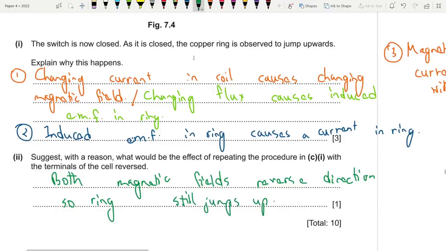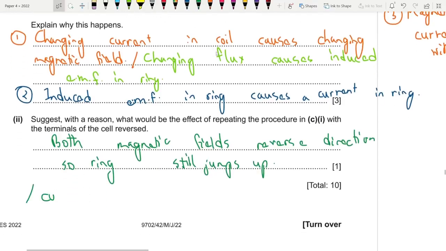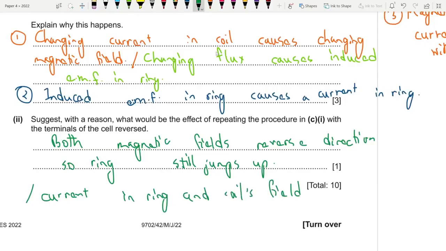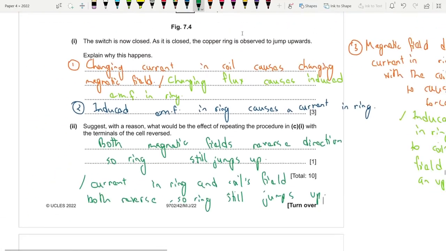Okay, or the current in ring and coil's field both reverse, so ring still jumps up. Yeah, okay, this is important.